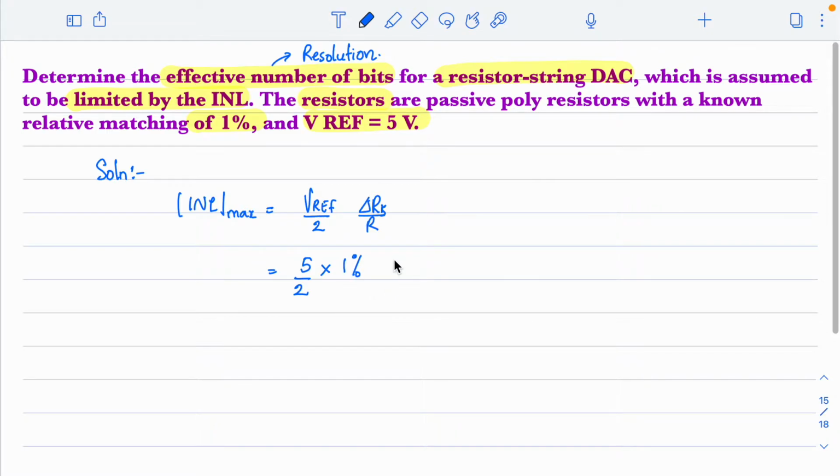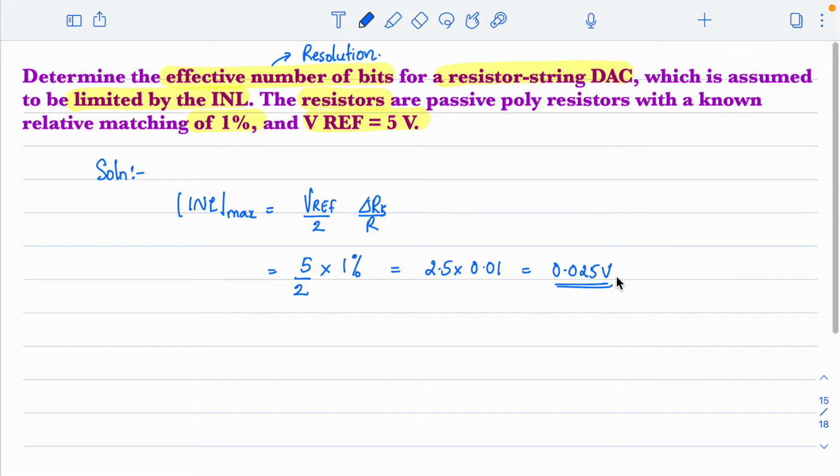So you will get the maximum INL. What is the maximum INL value? It is 2.5 into 0.01, which is 0.025 volt. This is the maximum INL.